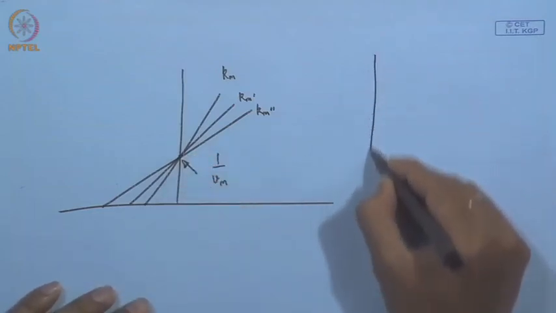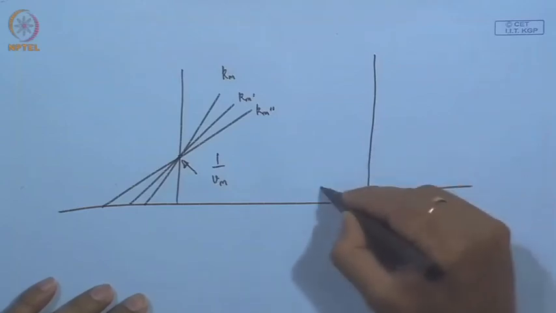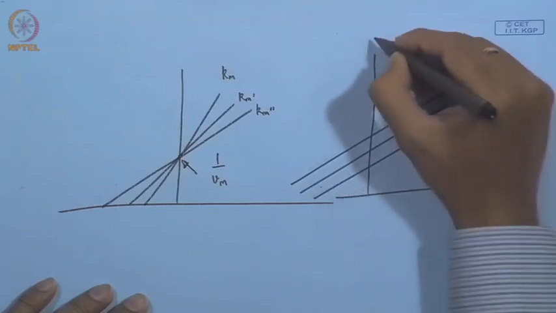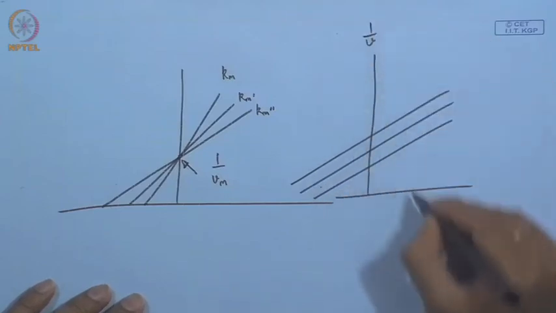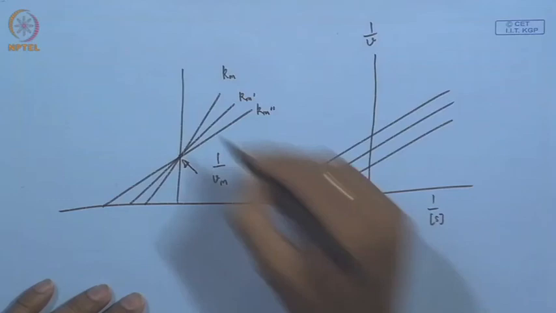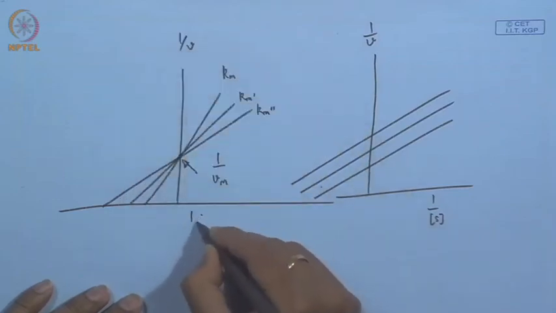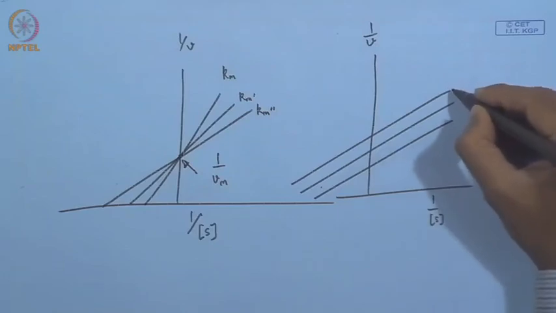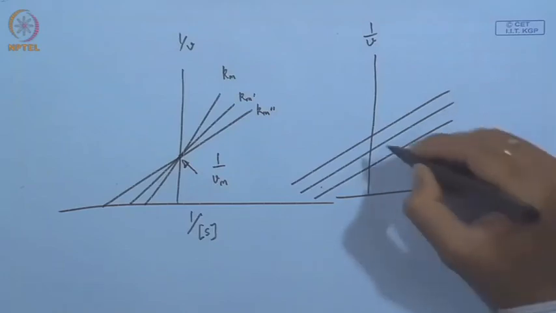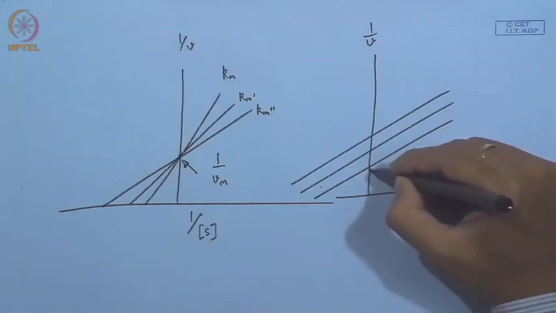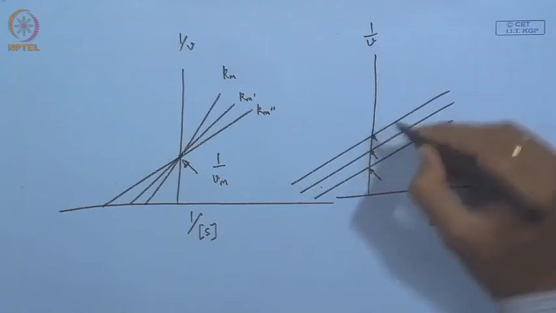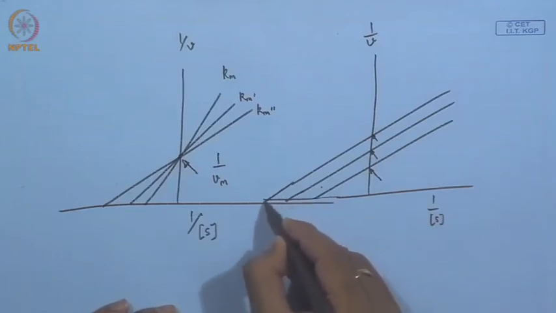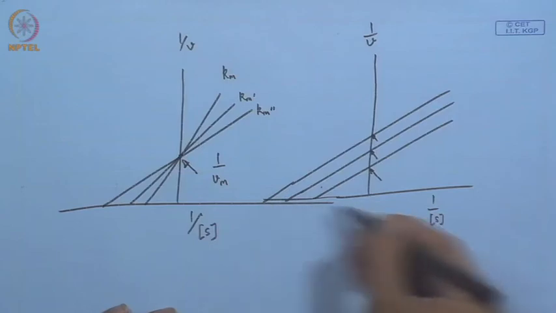Now, in another situation, say you have different graphs like this. This is your 1 by V and this is your 1 by S. That means your Km by V max is same, but your intercept is changing, here less, this is a little more, this is more, and as a result this side is going farther.